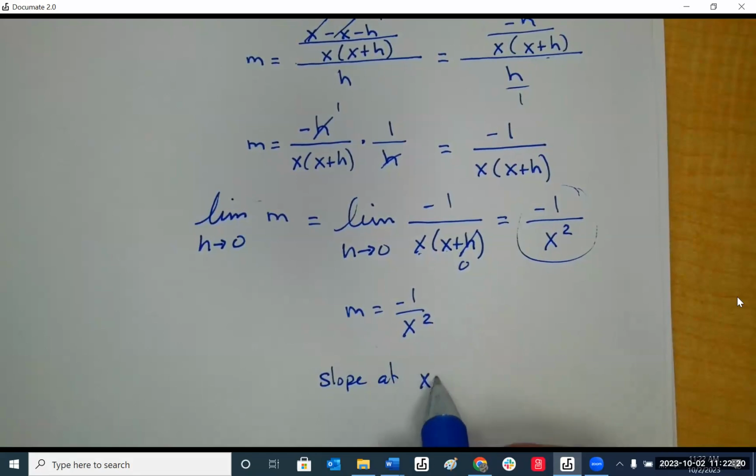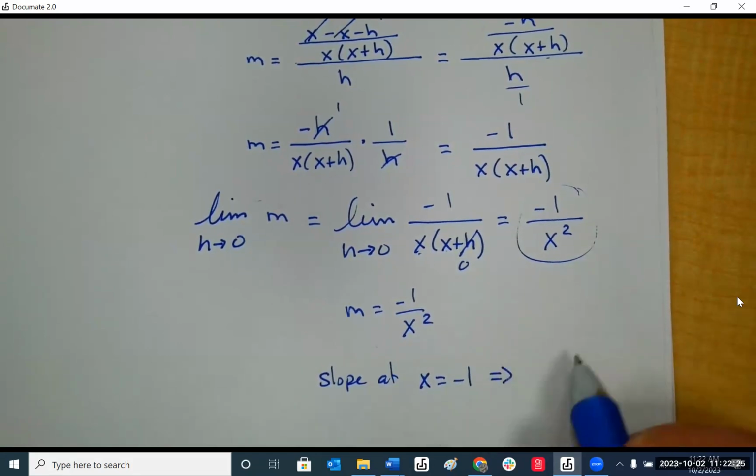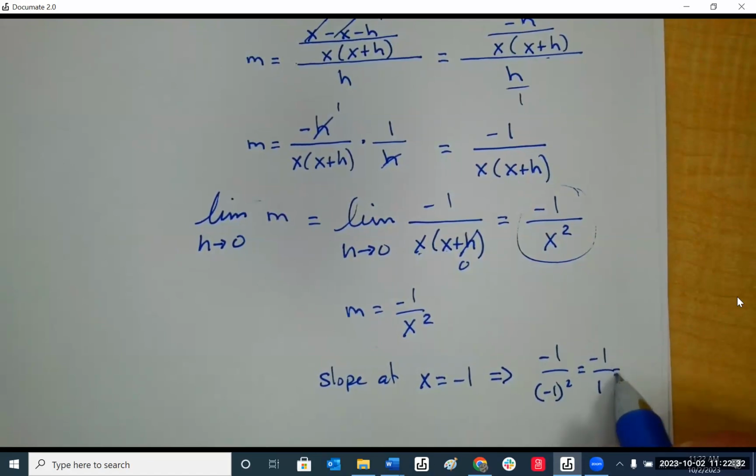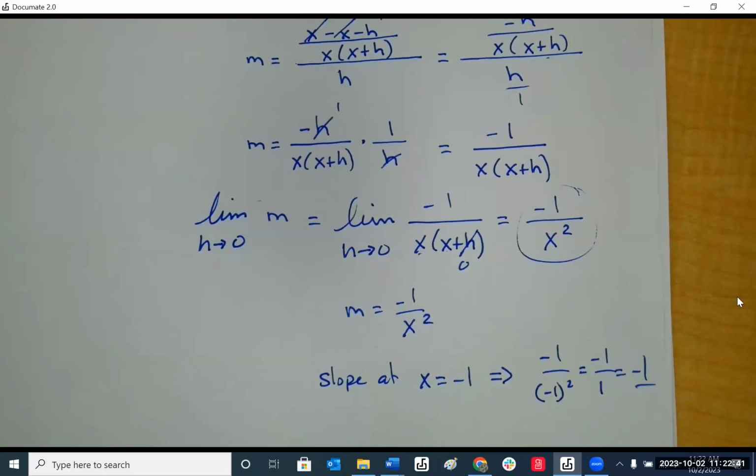The slope at x equals -1 was -1 over -1 squared. It's -1. That's the slope. So far, so good? Yeah.